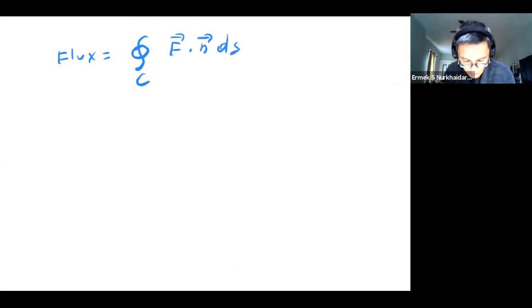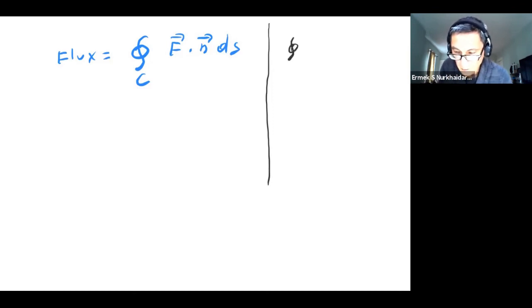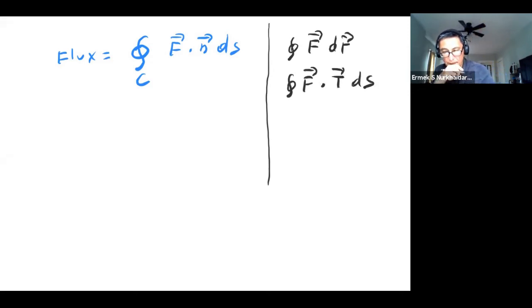Okay. Now let's recall what is going on. Our usual setup is when we have F dot dr, we have F dot T ds, where T here is the unit vector in the direction of velocity.